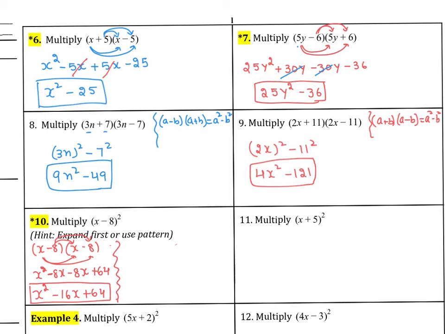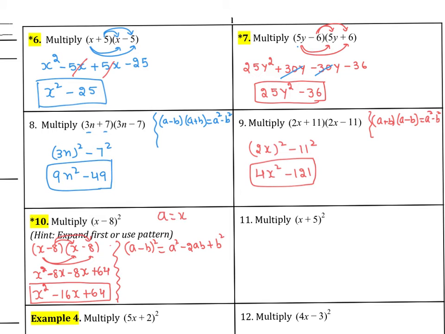The next method we are going to use is the special product. If you remember, a minus b squared equals a squared minus 2ab plus b squared. Now in our case a is x and b is 8.